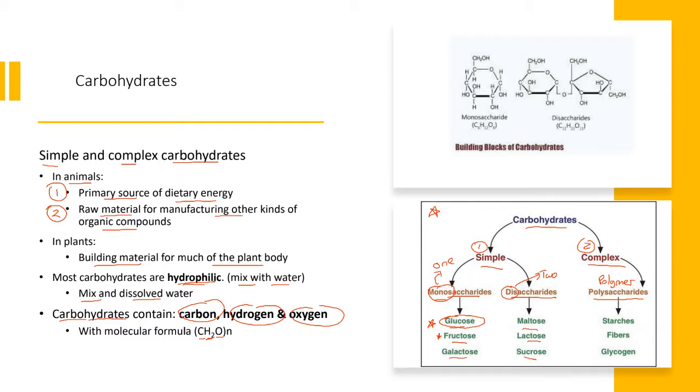Polysaccharides will be a bunch of monosaccharides together. And the main polysaccharides that we'll talk about are the starches, okay, fibers, and glycogen. And glycogen is going to be the polysaccharide or the polymer for humans, for animals. And we're going to be storing a lot of the energy, okay, in the form of glycogen.